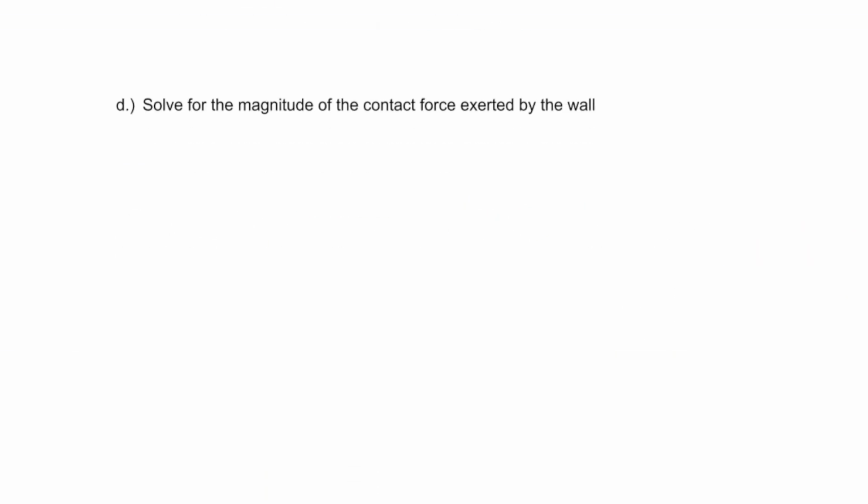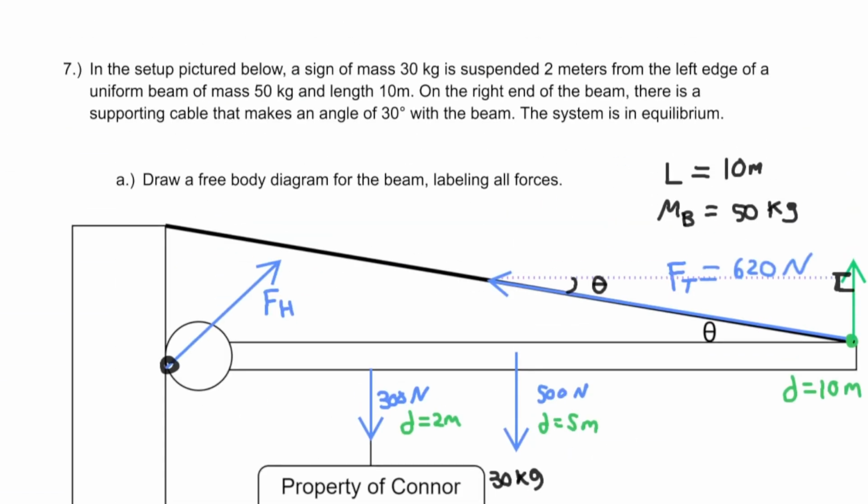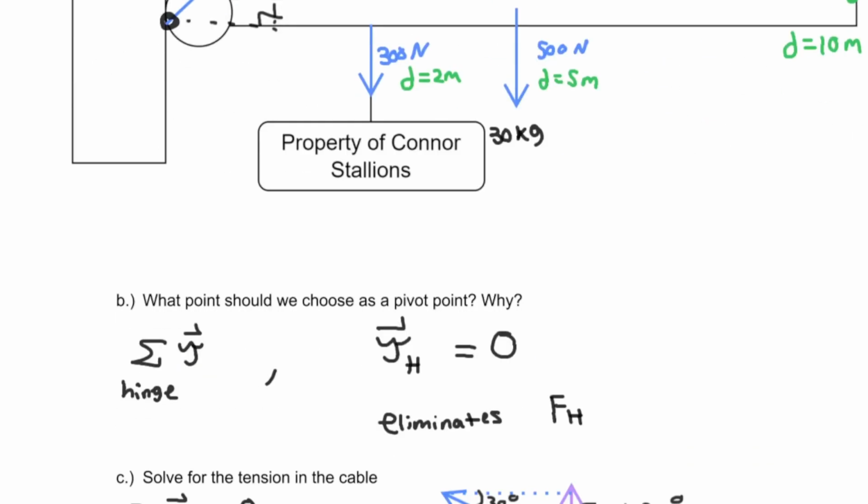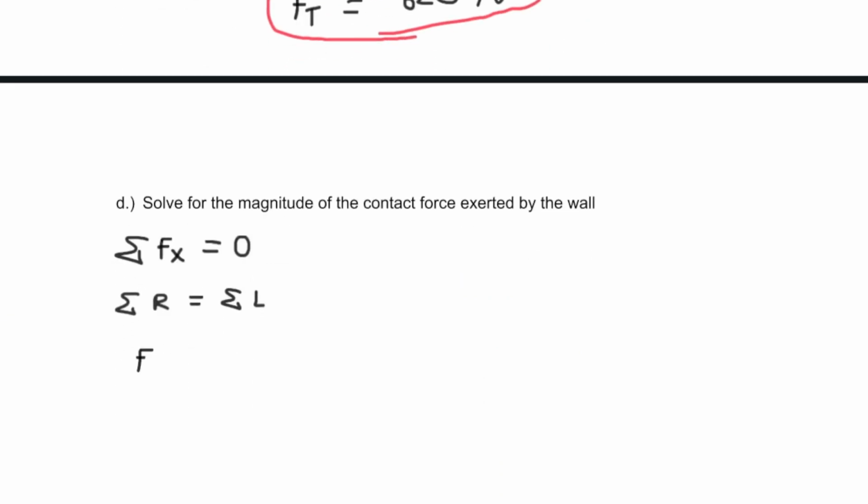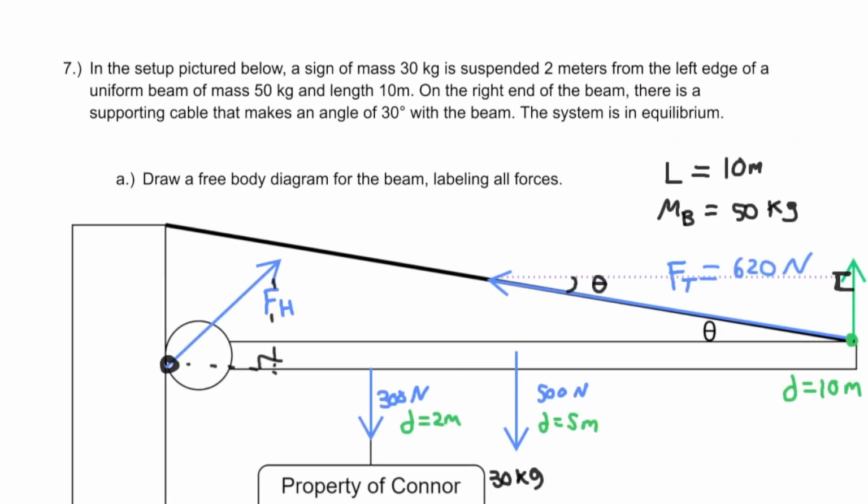So we know that the sum of the forces in the x direction has to be equal to 0, which means that the sum of the right forces equals the sum of the left forces. And acting to the right in this picture, it's just part of the hinge force. And then acting left, well, not this weight, but part of this tension is.